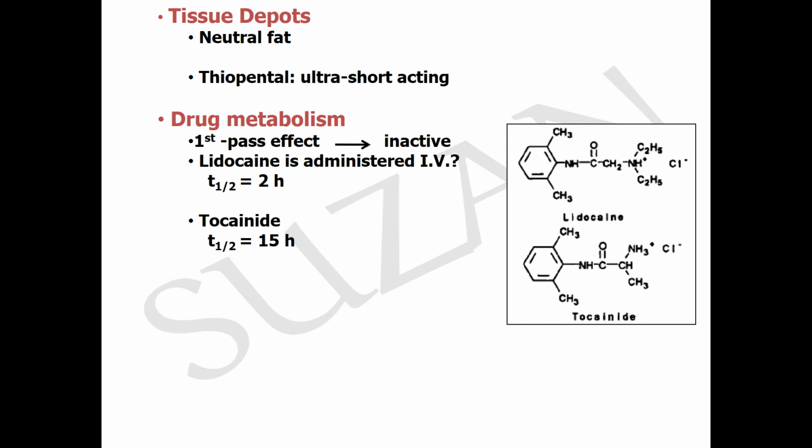However, when it redistributes again outside the brain and is stored in the neutral fat, it will then diffuse slowly out of the tissue depots. However, in this diffusion the drug will be present in low concentration that will not produce a pharmacological response.